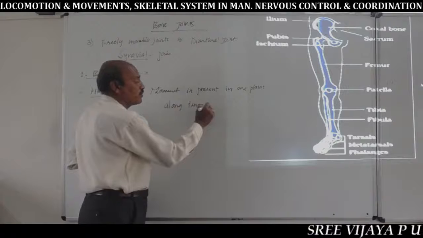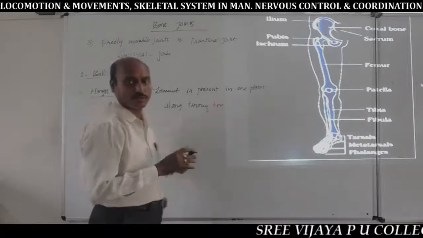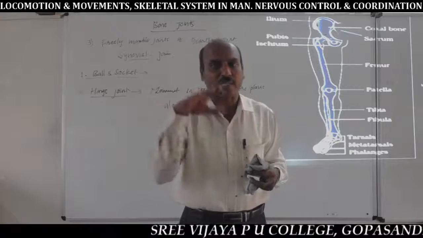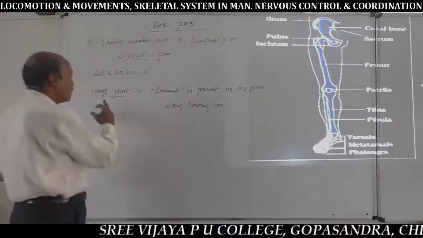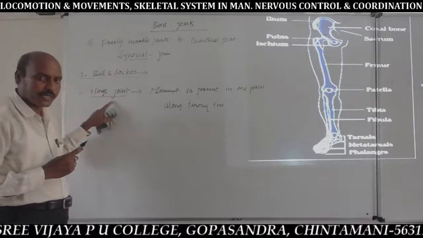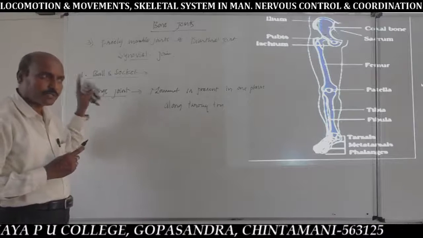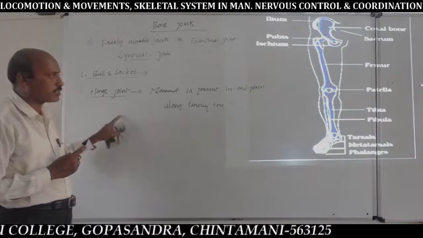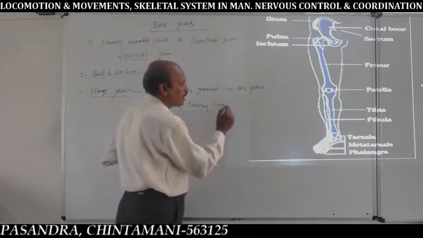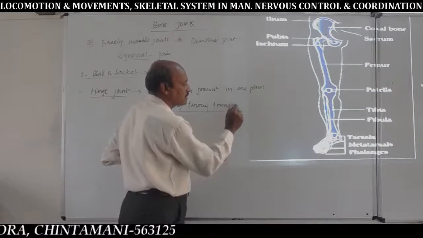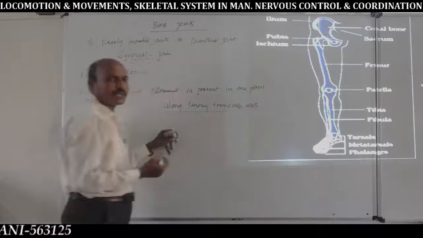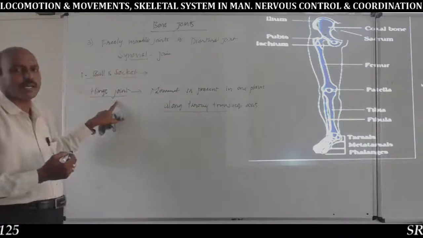Along through transverse axis means only this kind of movement along through transverse axis. That is the meaning for a hinge joint. You should remember, in the hinge joint, the movement of the joint takes place in one plane along through transverse axis. That is the meaning of a hinge joint.